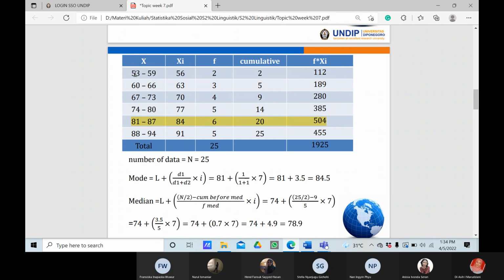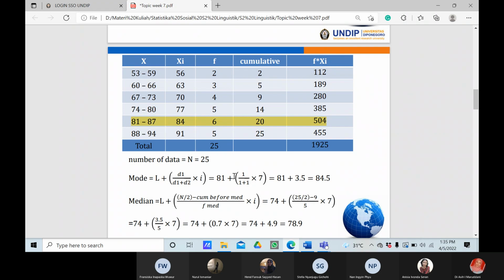From 53 to 59, the interval will be 7. Then we write down here 7. All the interval classes are 7, the same width of interval. Then we write down here 7.